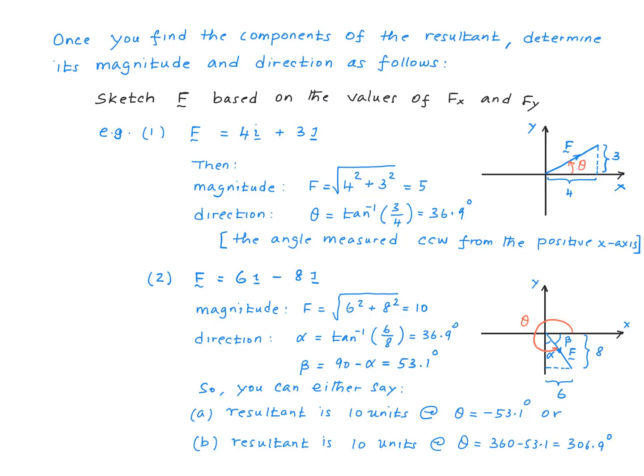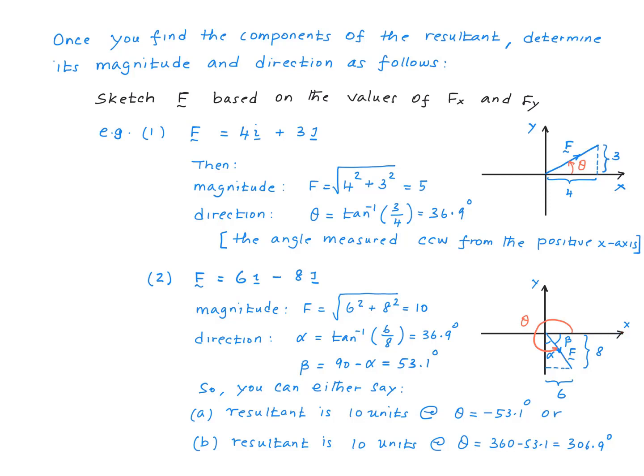The standard way of representing the direction would be to use this angle theta, which is measured in the counterclockwise direction from the positive x-axis. So that will be 360 minus beta, and we get 306.9 degrees for that. Another way of representing that would be to measure an angle in the clockwise direction from the positive x-axis.